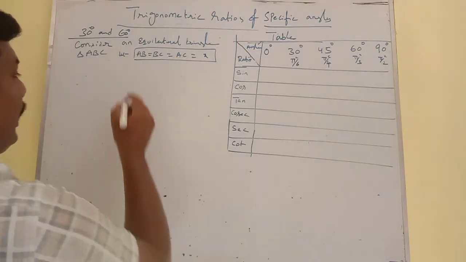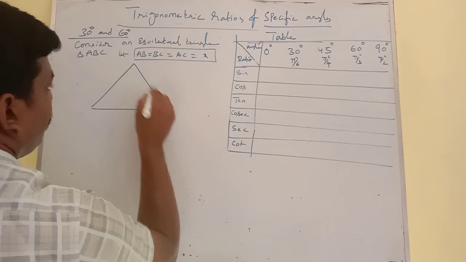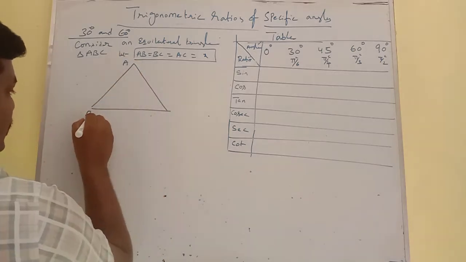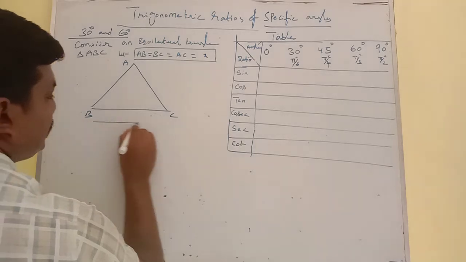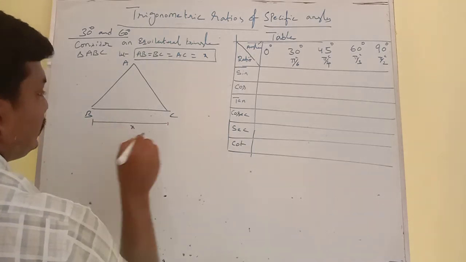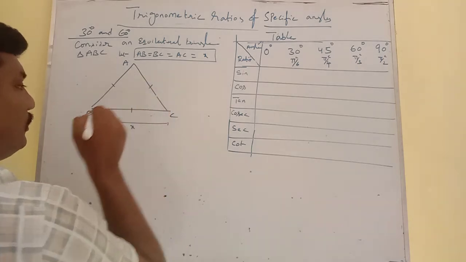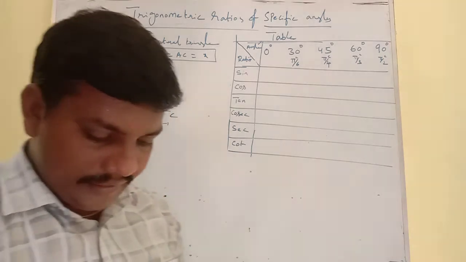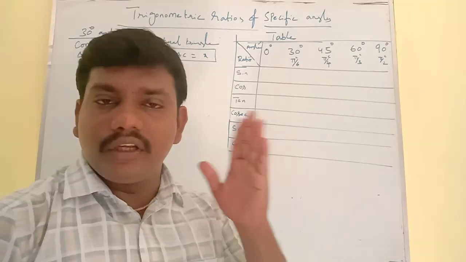This is an equilateral triangle ABC whose side is x, and this side also x, and this side also x. All are equal sides. As we already know, what is the altitude of an equilateral triangle?